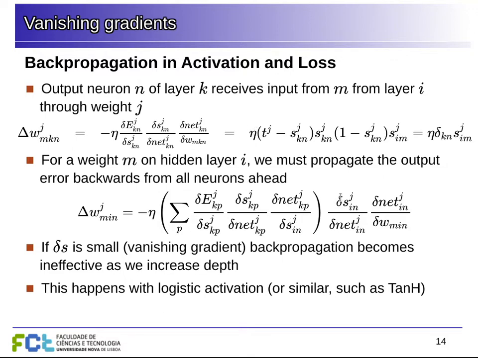However, this may be a problem if somewhere along the chain we find a derivative that is close to zero. Since these are all products, if something here is close to zero, then the whole chain will start to disappear. And when we have gradients close to zero, we don't have information to update the weights, and training will start to slow down and eventually stop.